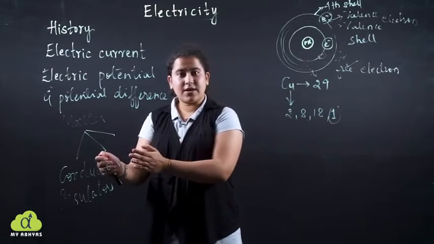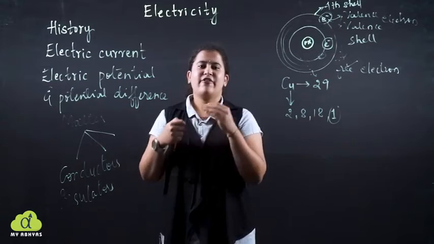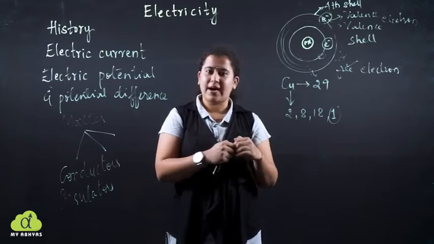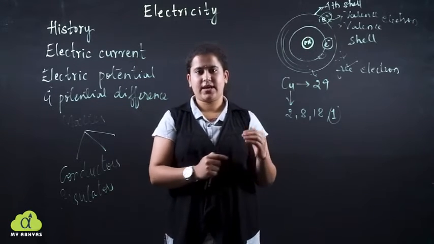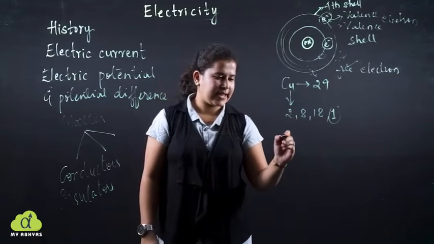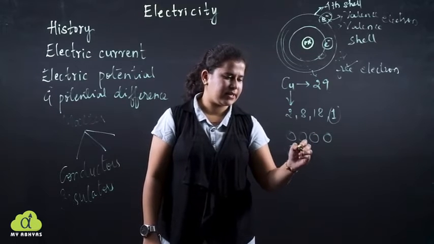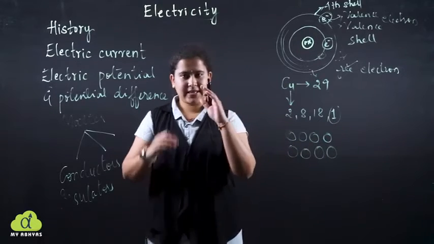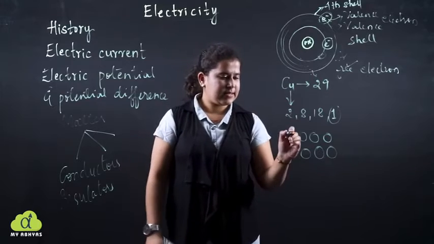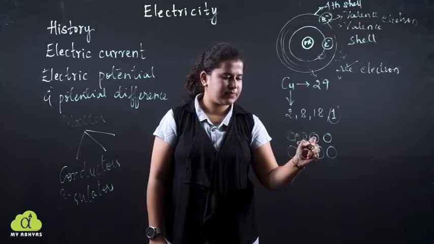Okay. Then what about conductors? Conductors allow the electrons to pass through them easily. So how can it pass through easily? For example, these are some atoms in a material, one matter, with the atoms arranged, and here I have the electrons arranged.